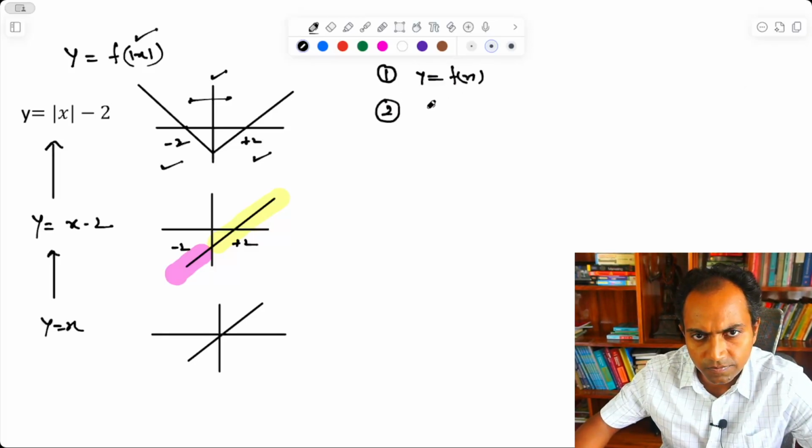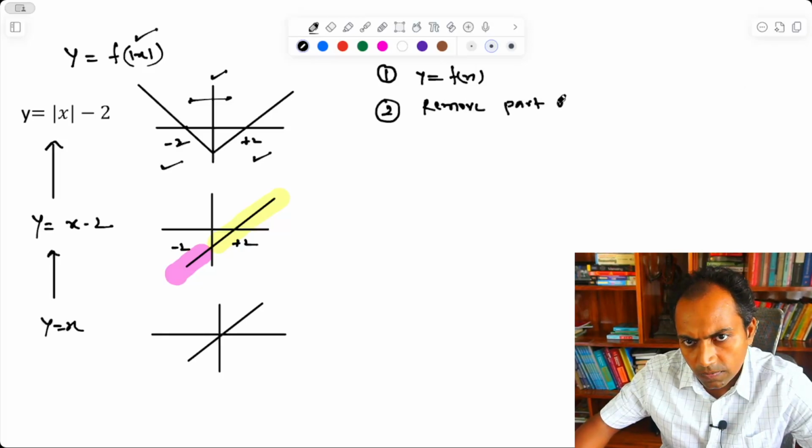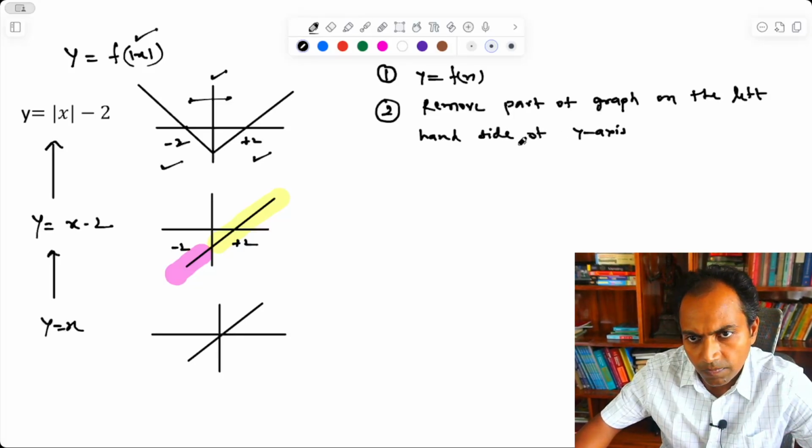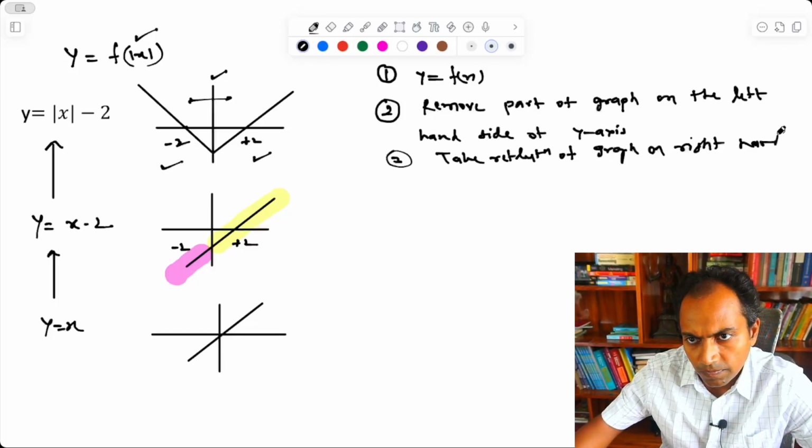In the second one, we are going to remove the part of graph on the left hand side of y-axis, and in step 3, take reflection of graph on right hand side of y-axis on y-axis.